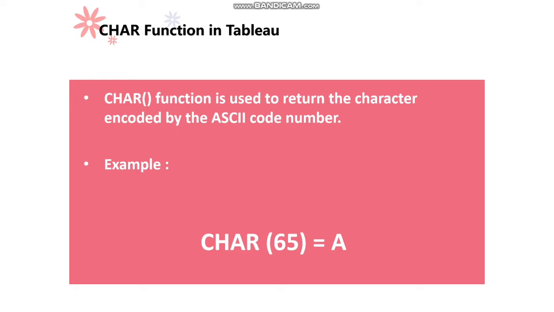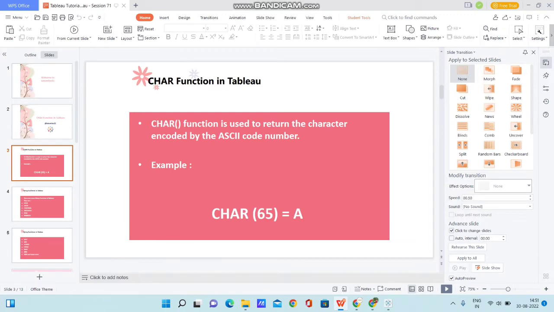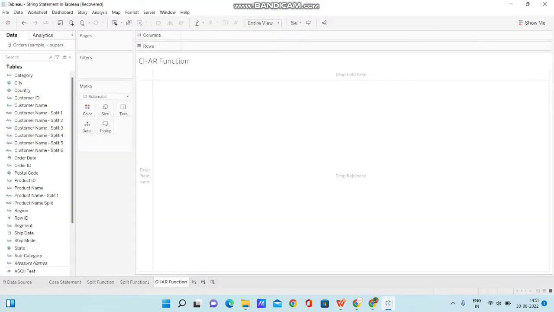Let me open the Tableau application and show you how to use the character function in Tableau. I have opened Tableau Desktop and I have the sample superstore data with me. I have created a new worksheet and renamed it as char function.